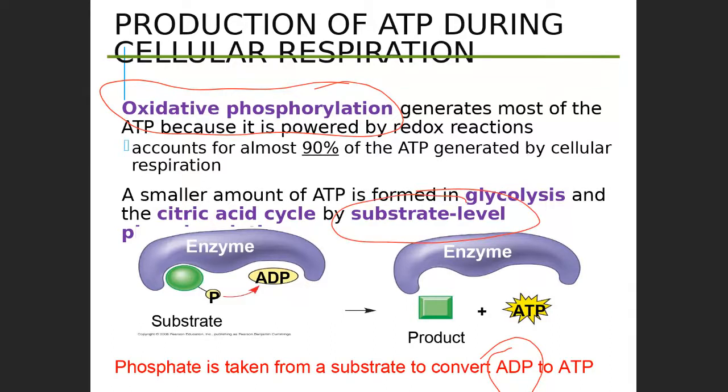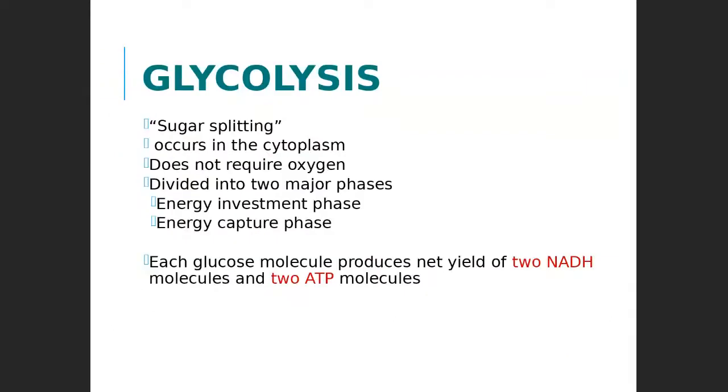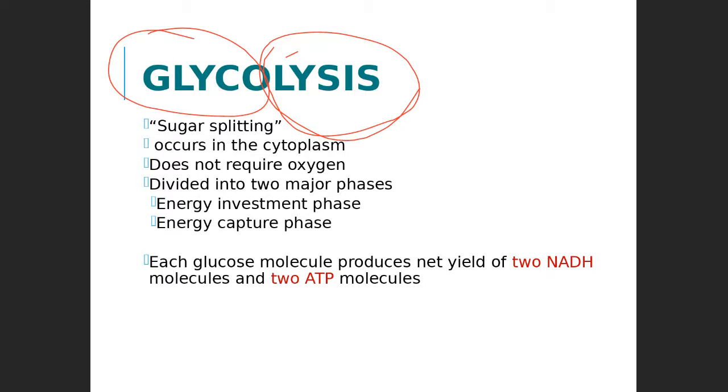So we talk about the first stage, which is glycolysis. This is what we call, between parentheses, sugar cutting or splitting. Remember, I have the word lysis, glycolysis. It means cutting. I am going to cut glucose.